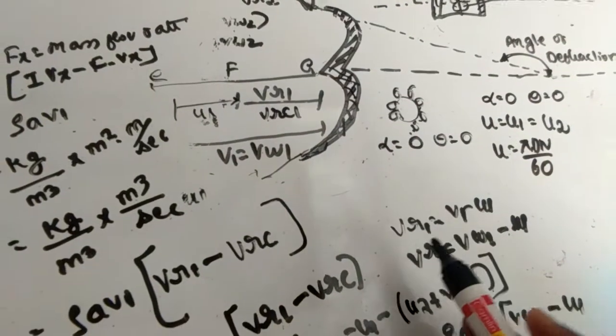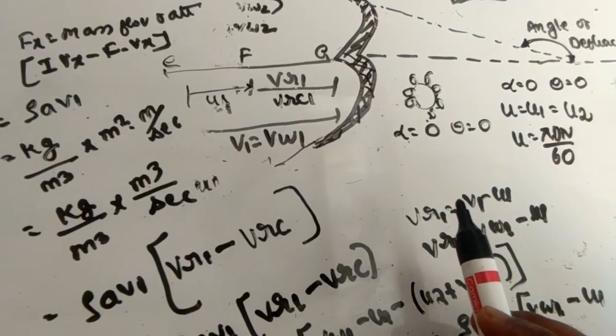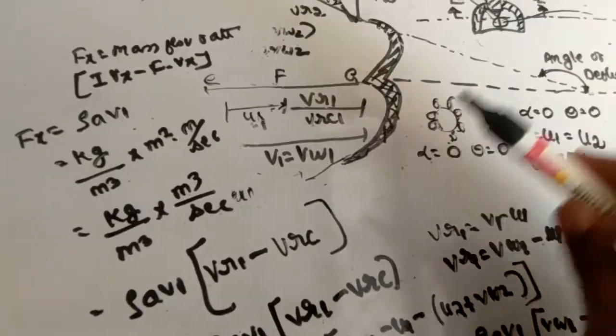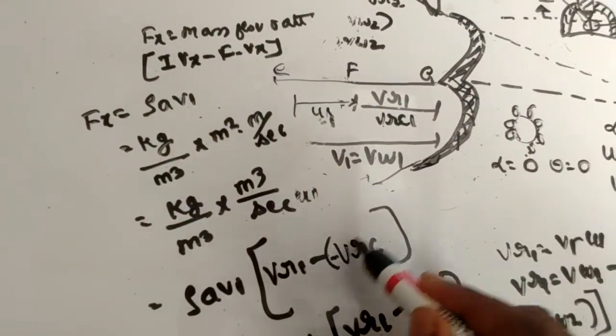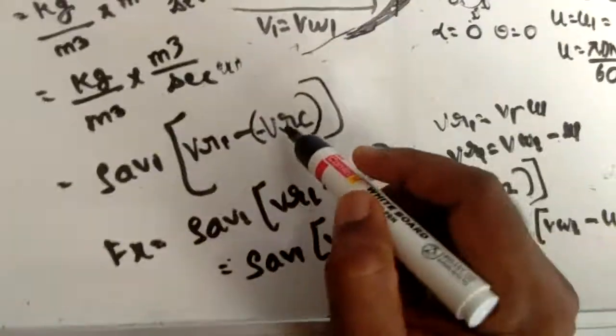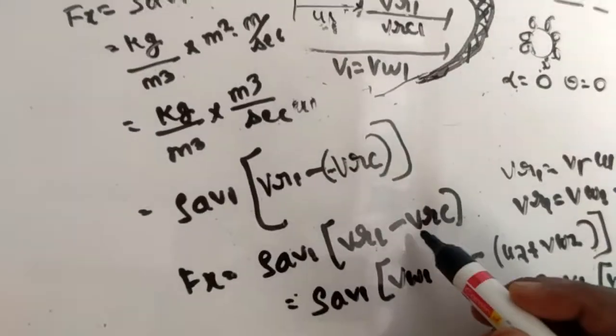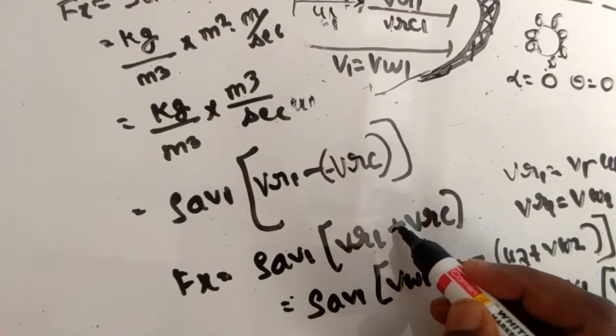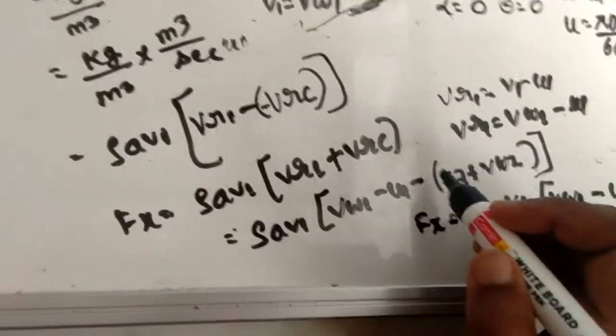VRC is going in the opposite direction, so it becomes minus, sorry, a small correction: then it becomes positive here. So please note the small correction.